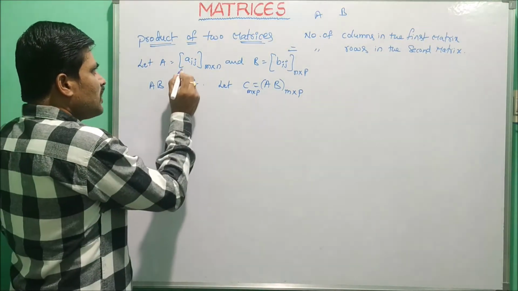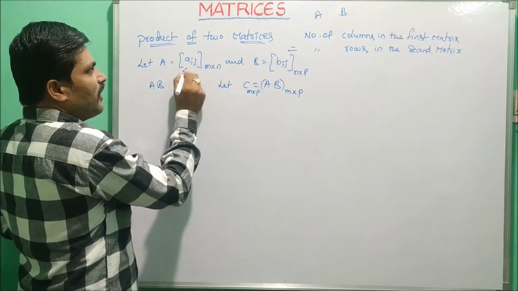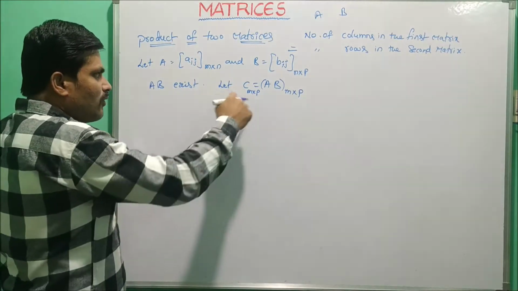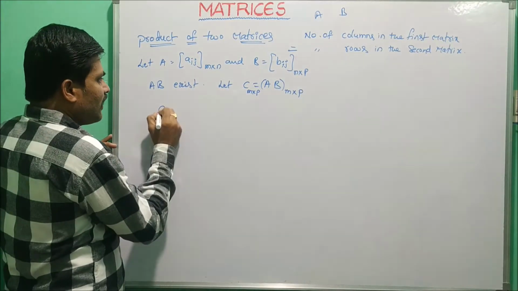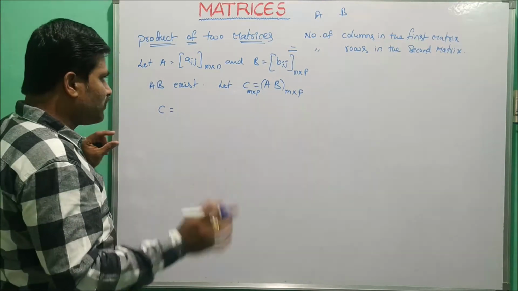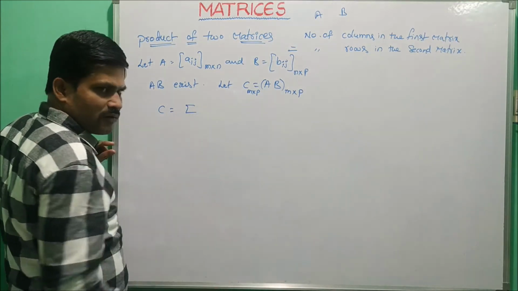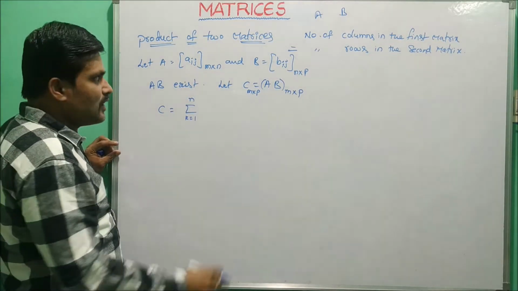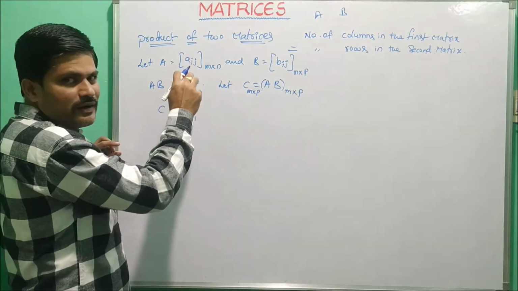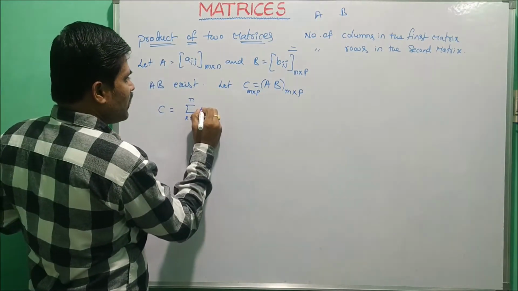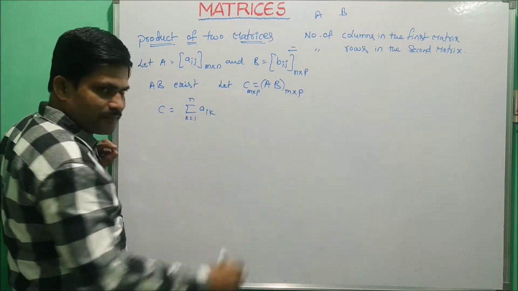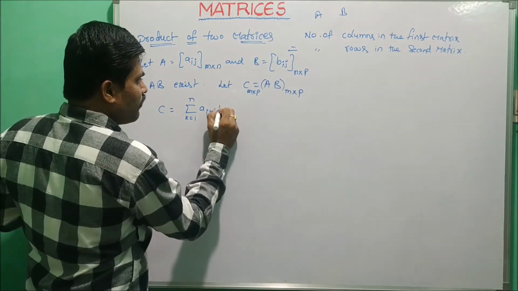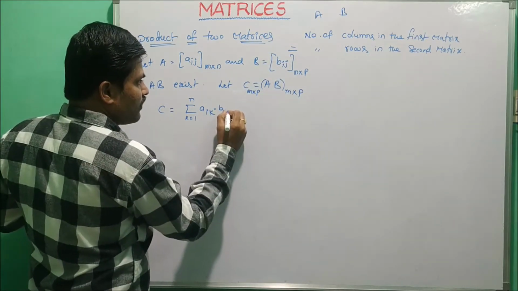Here we have already taken two matrices, Aij of order m by n and Bij of order n by p. Now in the resultant matrix C, we take k equals 1 to n. In the first matrix the element is Aij, so we write Aik, and in the second matrix the element is Bij, so we write Bkj.